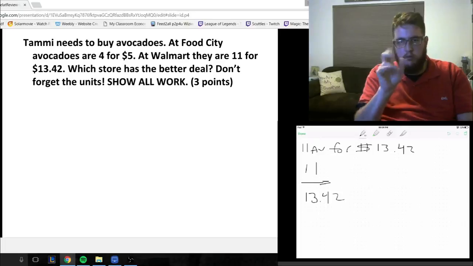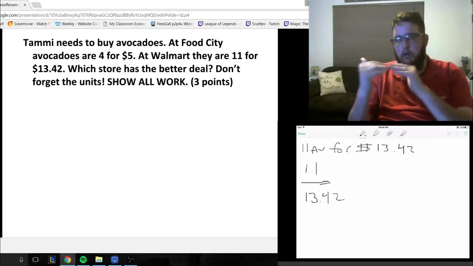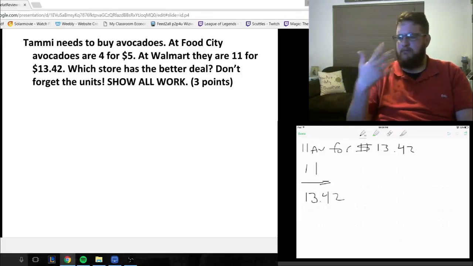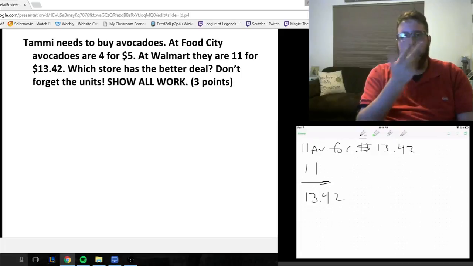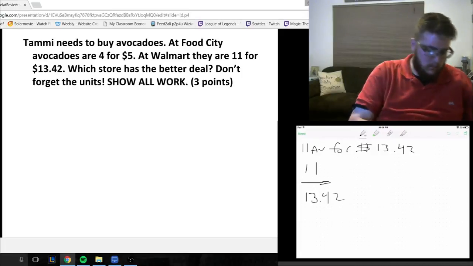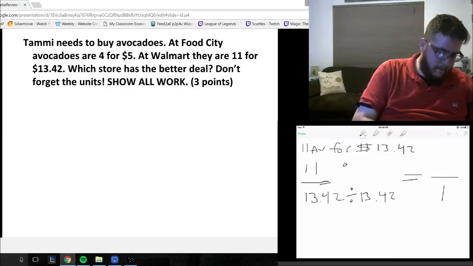So 13.42 divided by 13.42 will equal 1. And once we're done, we must also divide the top by 13.42.